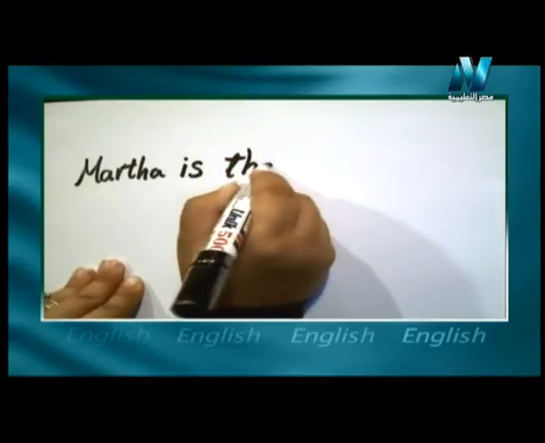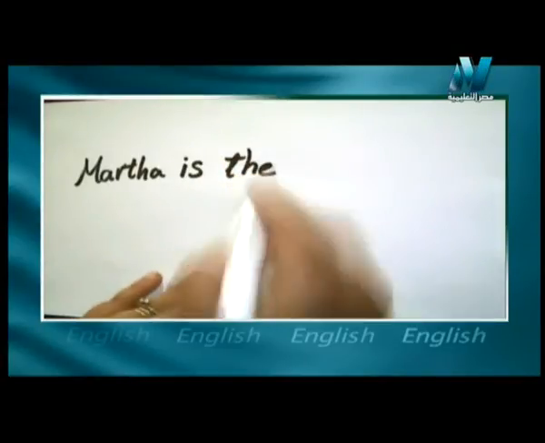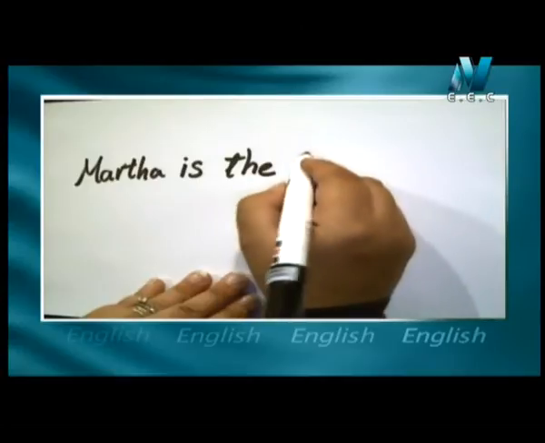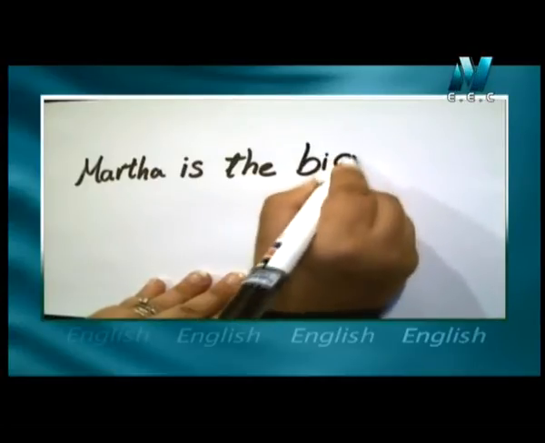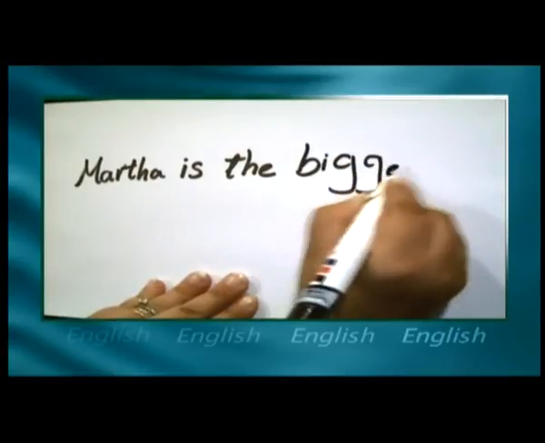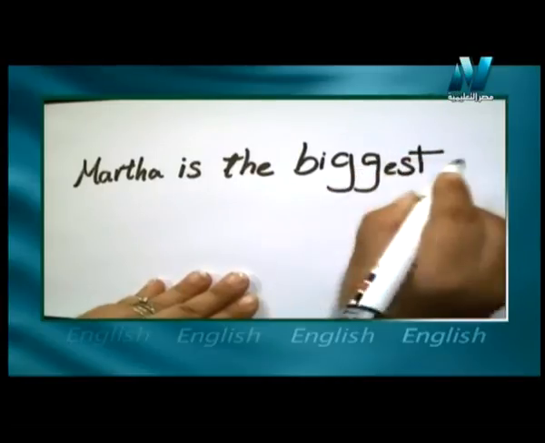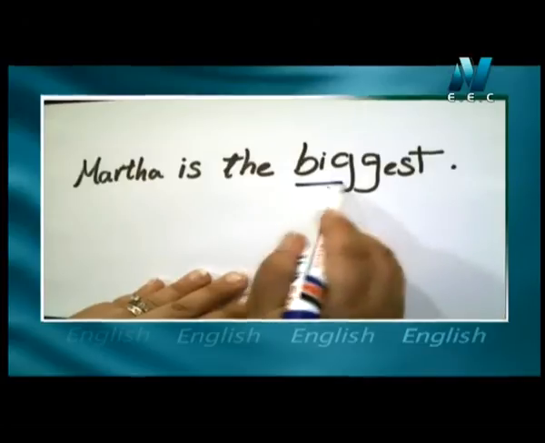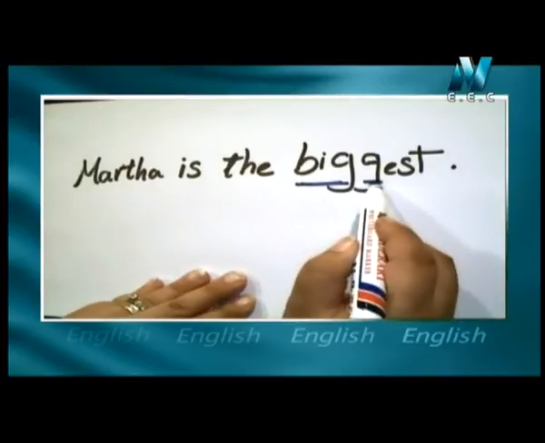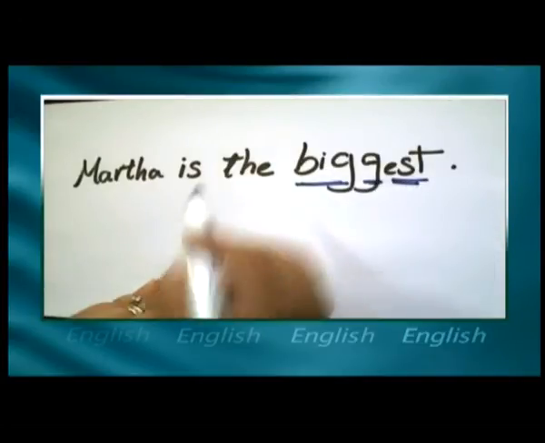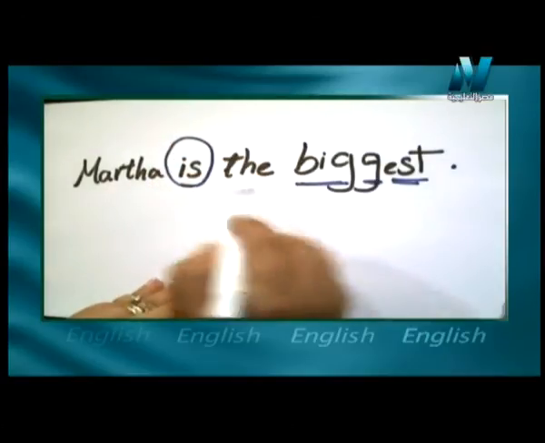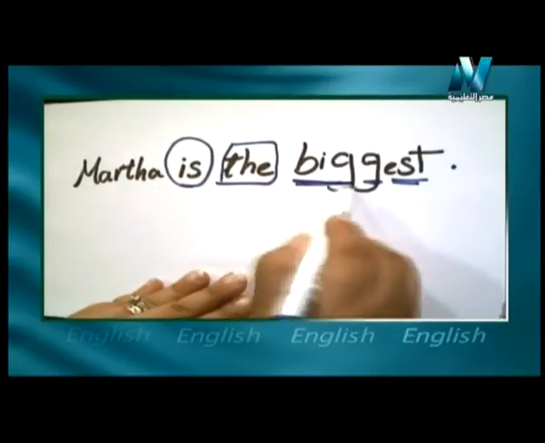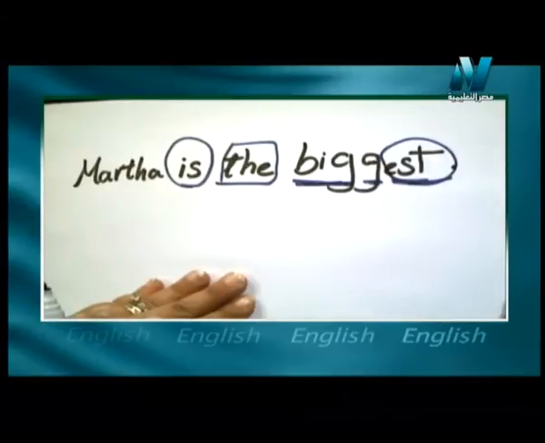Martha is the biggest. The same way, when I'm having a CVC adjective, I will double the last letter and then est. I have here verb to be, the, adjective, and then est.